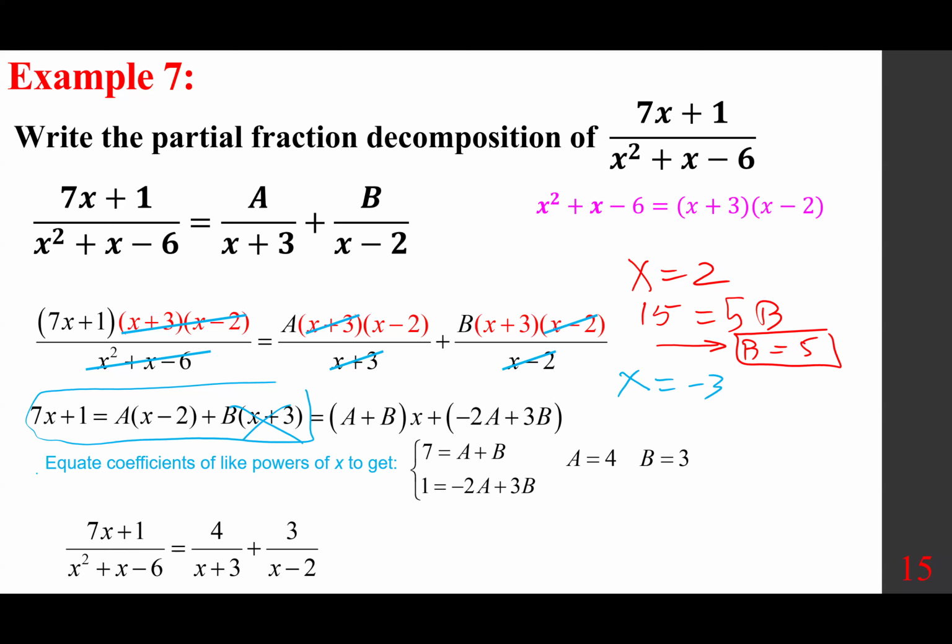So if I put minus 3 here, minus 3 times 7 is minus 21, plus 1 is minus 20. And if I put minus 3 here, I get minus 5a, and I hope you see that if you solve for a, you get 4. It comes up with the answer extremely fast with this methodology.